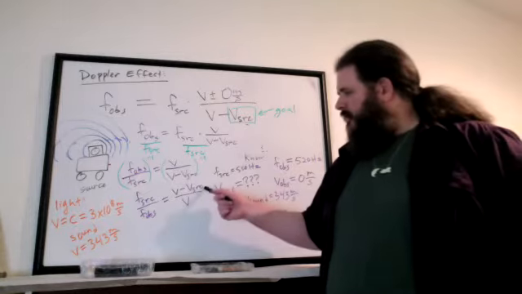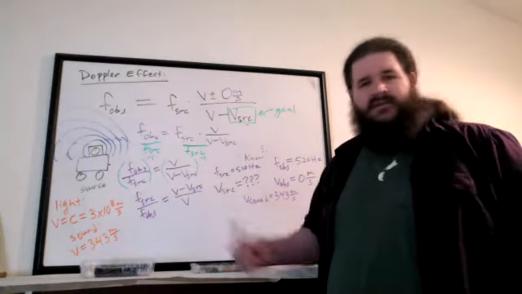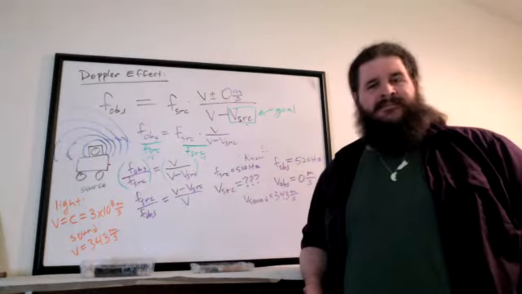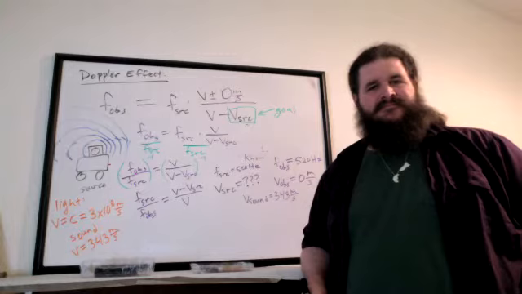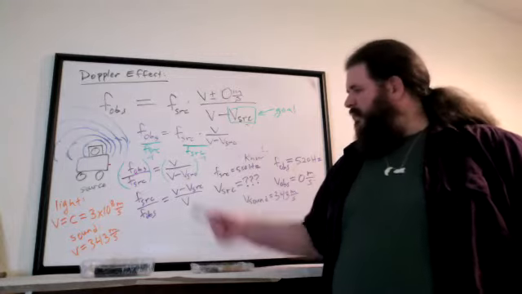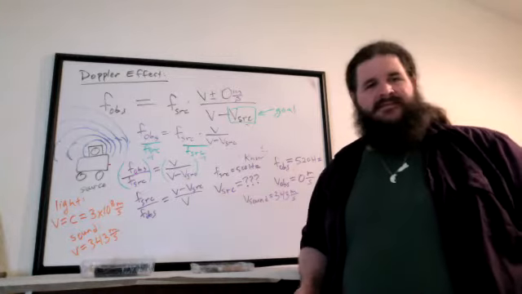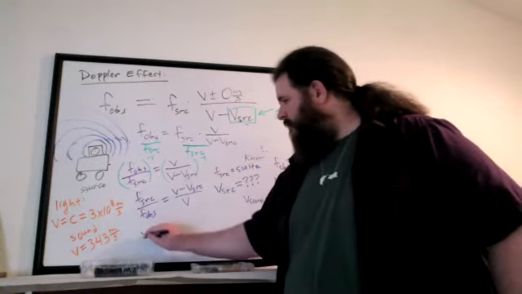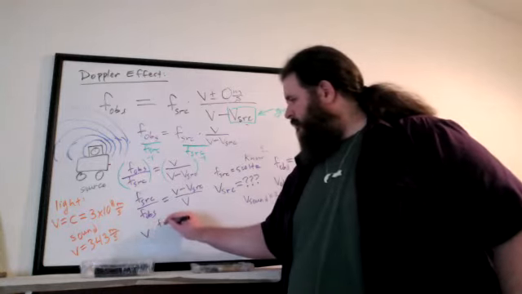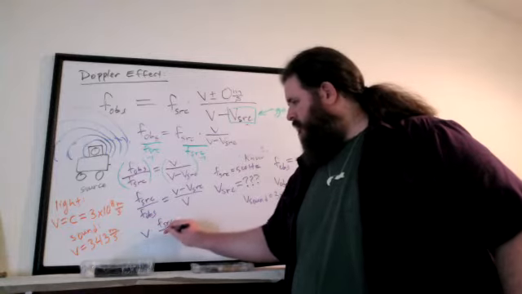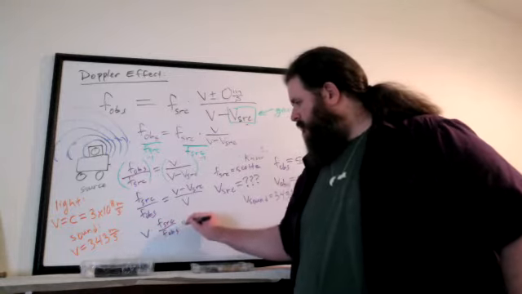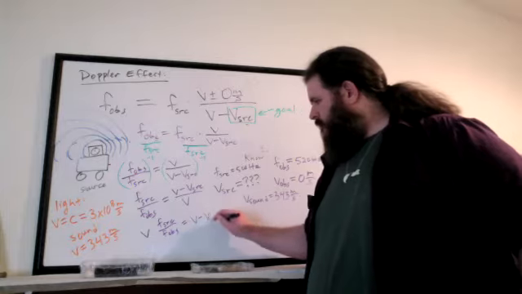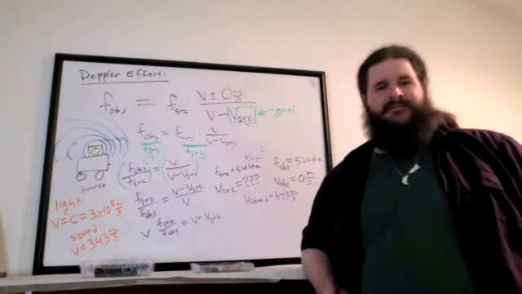At this point, what else do we need to do to isolate V source? How do you get rid of divided by V? Multiply by V? Yeah, if we just multiply both sides by V, and then what?